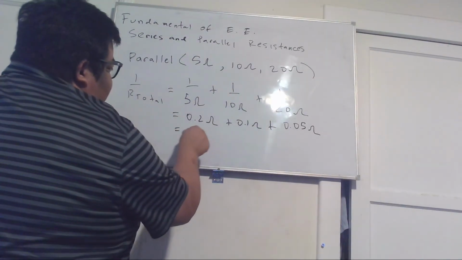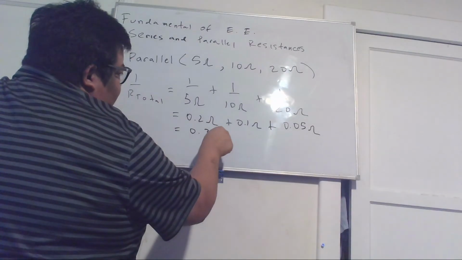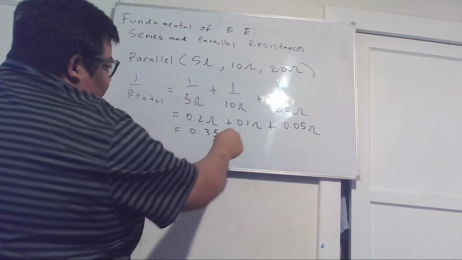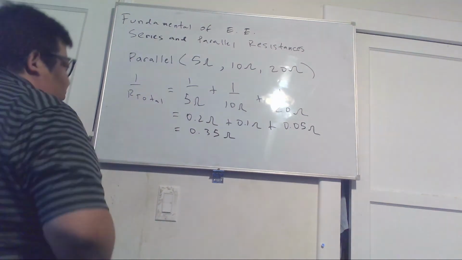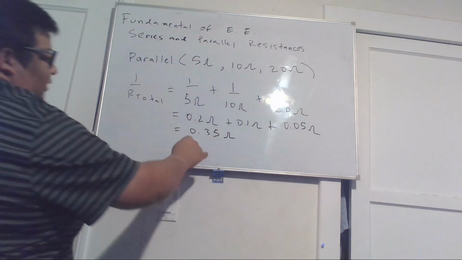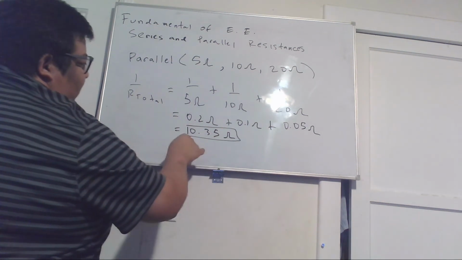And that whole thing is equal to 0.35 ohms. So what did I tell you? The next step, once you have this, that's 1 over R total.